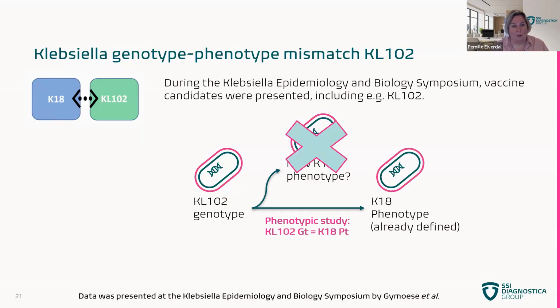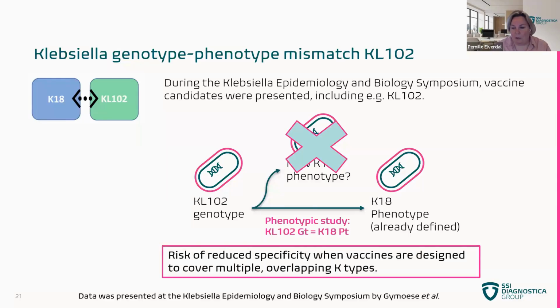What this study showed was that it was K18, which was already well defined within the phenotypic method, and your vaccine now had wrong data being produced because they were expecting it to be KL102, but it was K18. So is this now still the most prevalent one, or were there other serotypes which were more relevant to put into your vaccine?